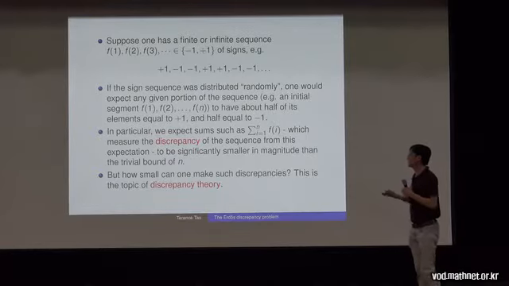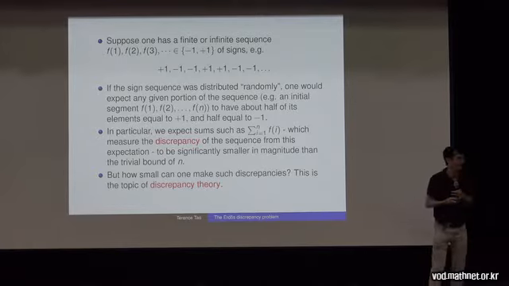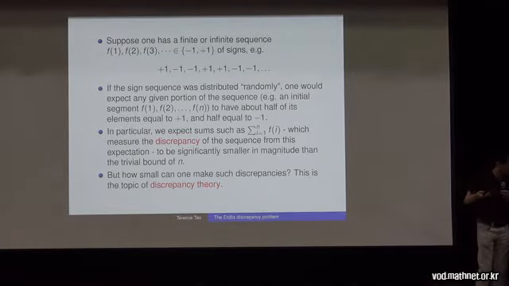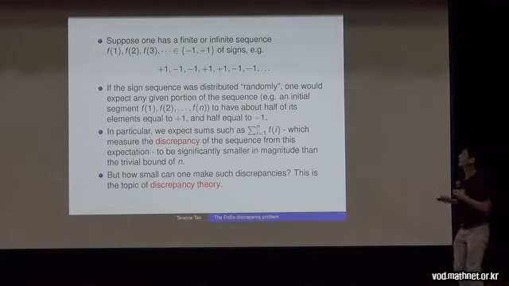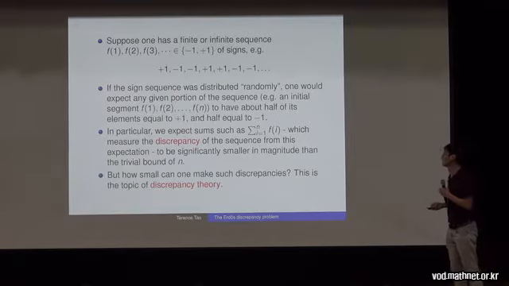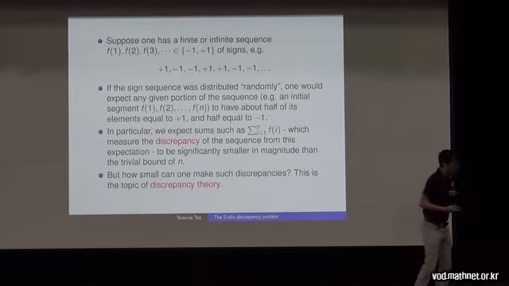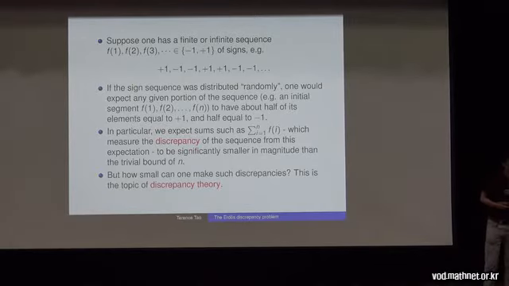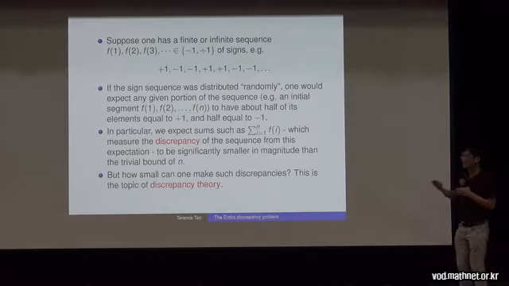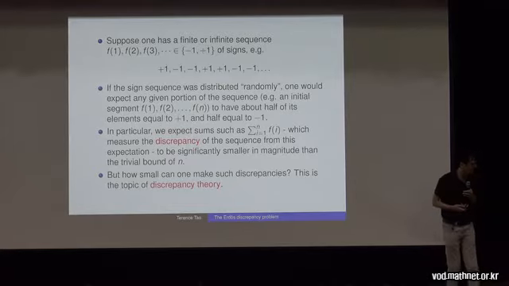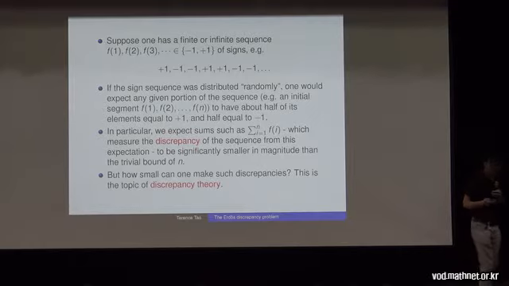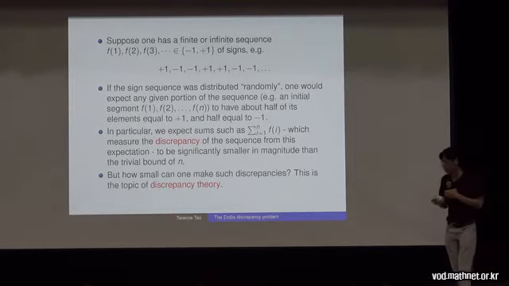One of the basic questions is how low a discrepancy you can make a sequence: how balanced can you make it, what's the smallest you can make sums like this? This is the topic of discrepancy theory. It has some applications: if you want to do numerical integration, Monte Carlo integration, you often want to pick sequences that have very low discrepancy to minimize errors. But I won't be focusing on applications in this talk. It's a pure math talk.